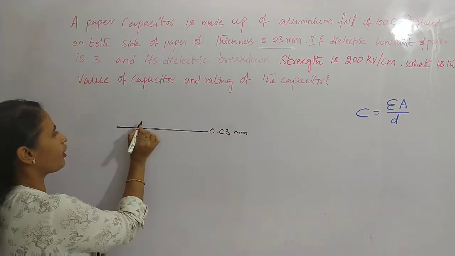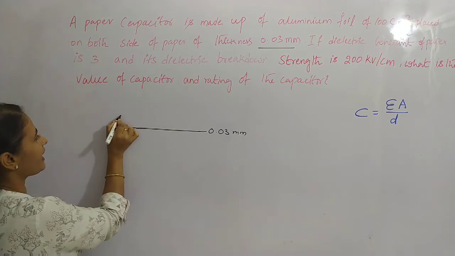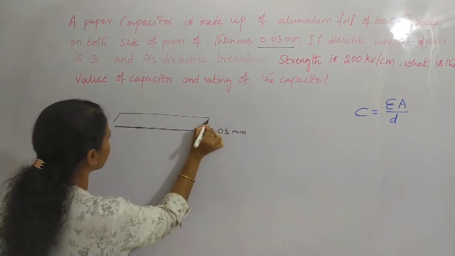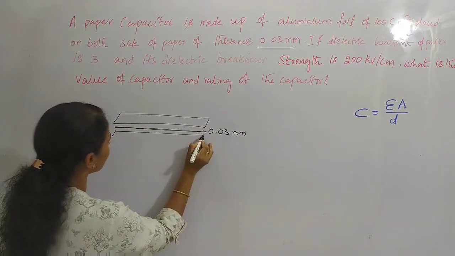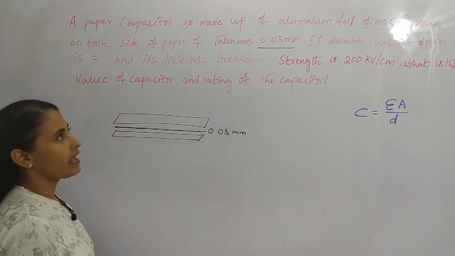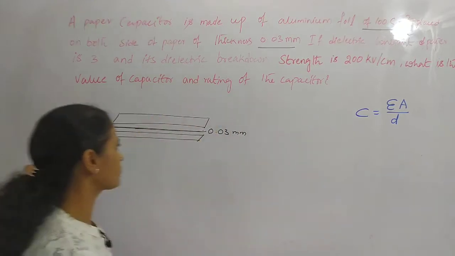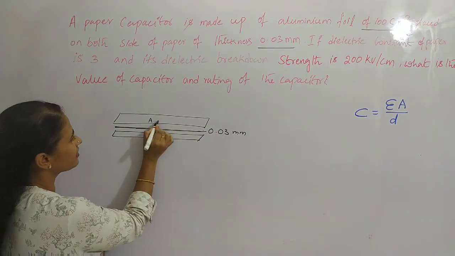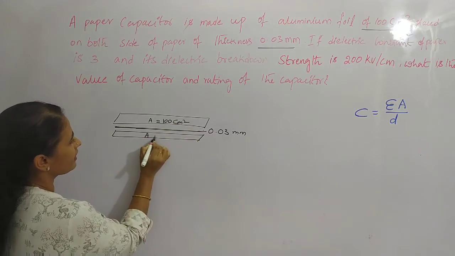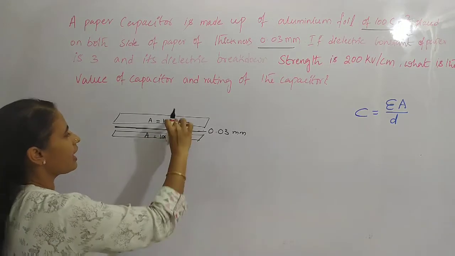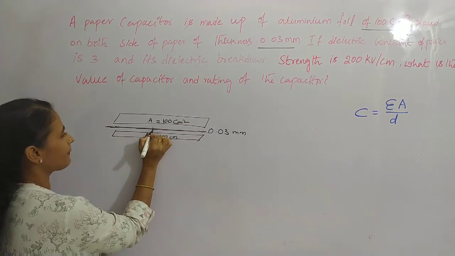Each aluminum foil acts as one conductor, or one plate of a capacitor. So we have here one aluminum foil, and here also we have one more aluminum foil. The area of both the foils is given by 100 centimeter square, and these two are separated by one medium, which is nothing but a paper.